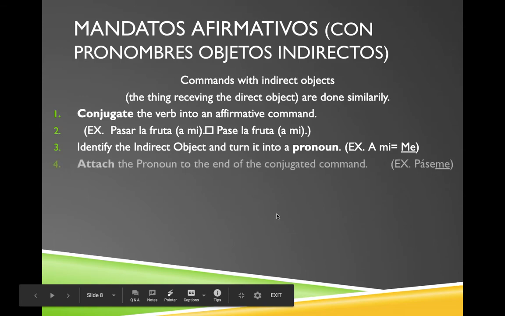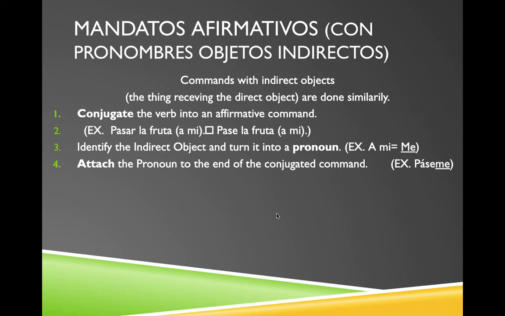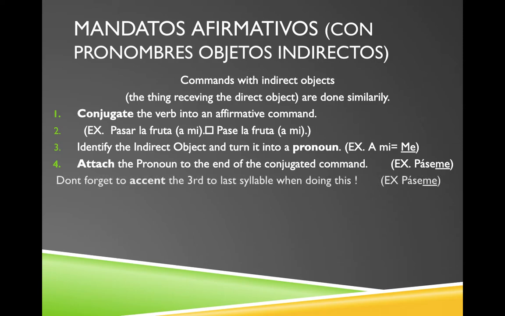All right. Then you're going to attach it. Páseme. Pass me. And then you just add the fruit at the end. Pásame la fruta. You still have to do the accent because we're attaching pronouns or changing the verb. How do you spell it? Did I spell it wrong? No. Okay. I'm going to attach it at the end.